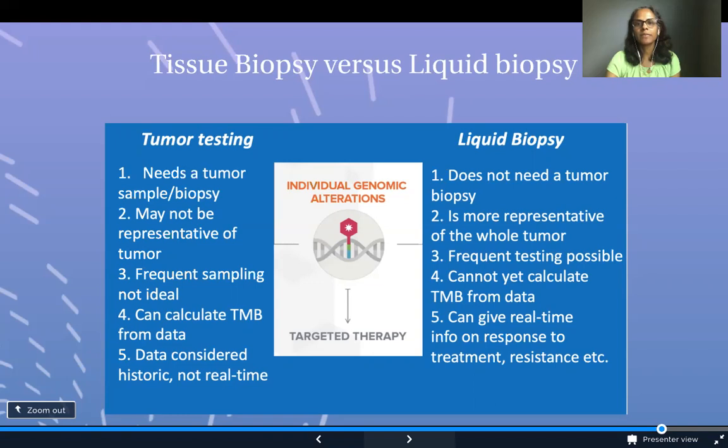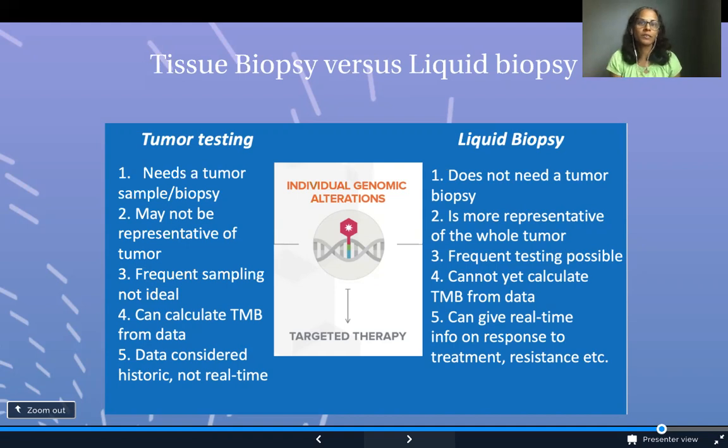If you compare liquid biopsy, it does not need a tumor biopsy, except in the case of a tumor-informed test such as Signatera, where for the very first test you need a sample of the tumor. A liquid biopsy is supposed to be more representative of the whole tumor, because it is thought that different parts of the tumor can shed ctDNA, and so when you look at blood to find ctDNA, you assume that you're getting a representation of the entire tumor.